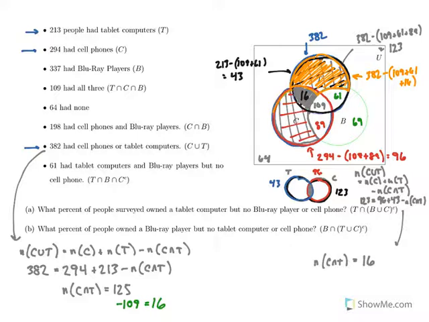And to find this chunk right here, we can do 294 minus the other stuff. The stuff in T only would be 196. And the stuff in C only, we can go 294 minus 16 and 109 and 89 would give us 80.